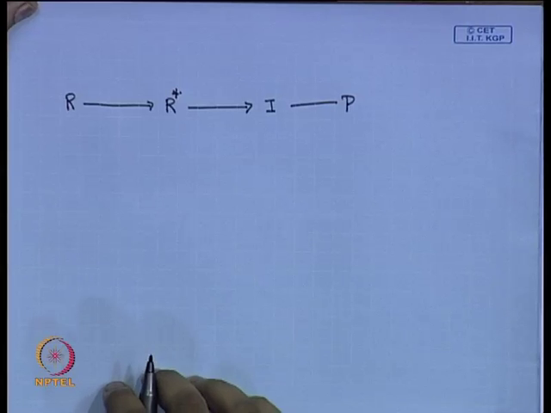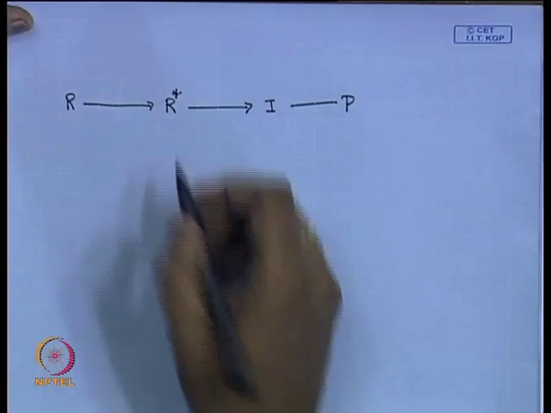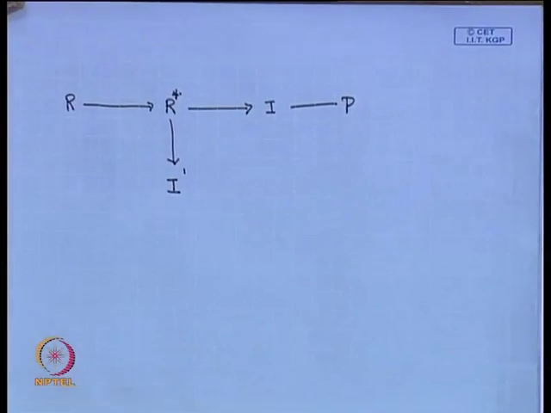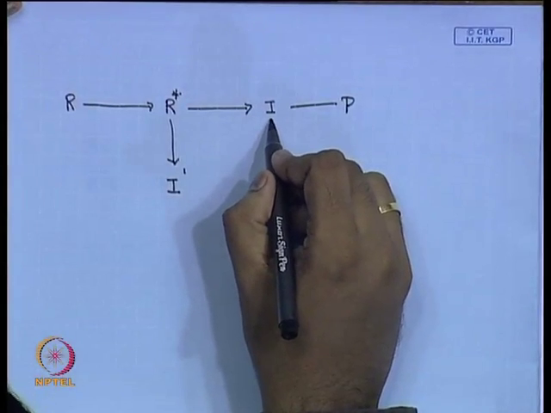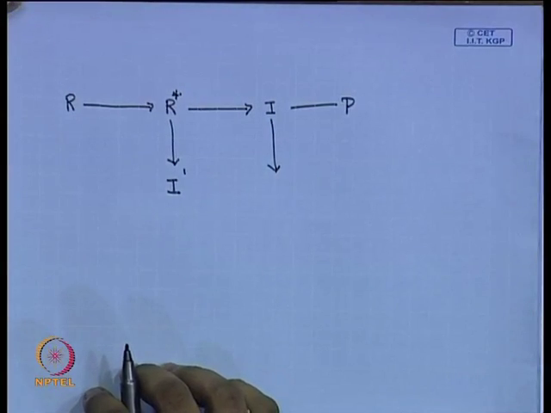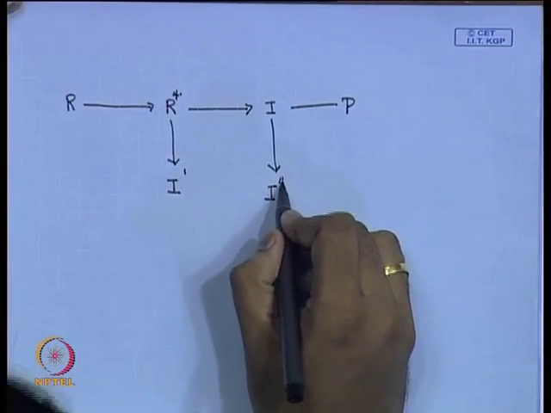See, it is not that my R star is always going to give me back my R. Sometimes your R star can also give me another intermediate, I prime, that also happens in photochemistry reactions. So this I does not need to give me back my R. This I can give me I double prime also.